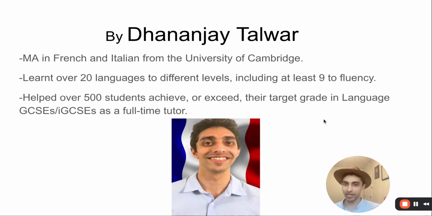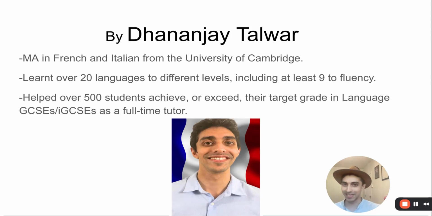So just to begin, I'm Dhananjay Talwar. I studied French and Italian for my MA degree at the University of Cambridge and graduated back in 2015. I have been an educator, mostly a full-time tutor, ever since then. And languages in general is something that I'm hugely passionate about. In fact, I've learned over 20 of them to different levels myself, including at least 9 to fluency, one of which is, of course, German.